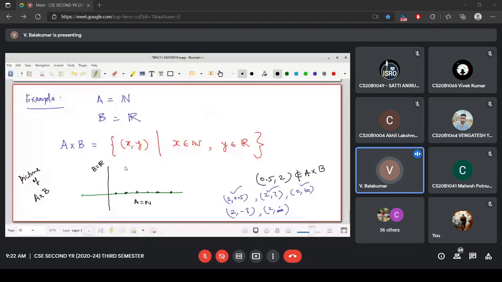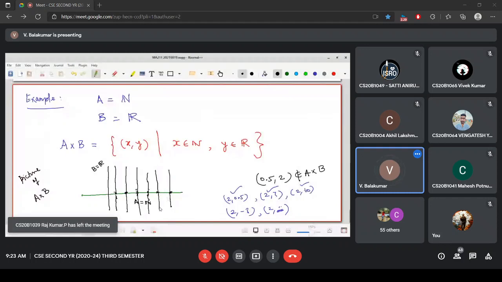Are you following it? This is a picture. This is the picture of A cross B. Now, are you understanding the picture?